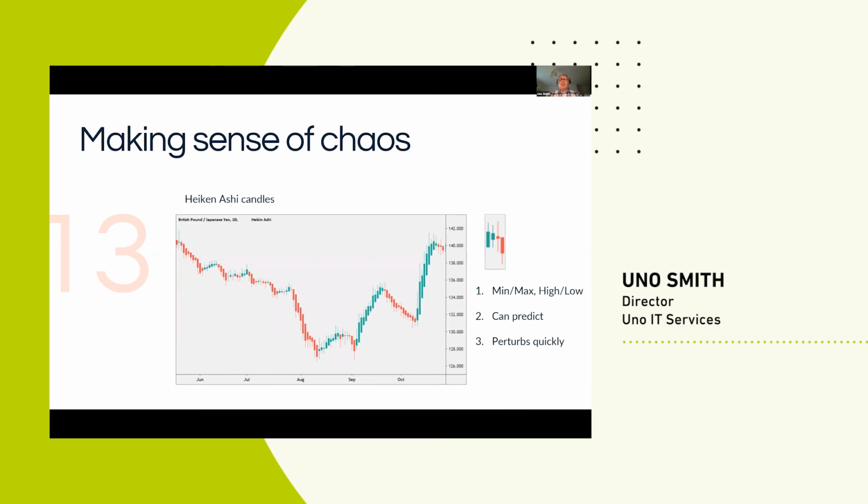What this does is reduce your data scope by timed blocks. You'll measure data for, say, 5 seconds or 10 seconds, and then draw a candle. It'll give you min, max, high, low, and then you'll wait another 10 seconds, then draw the next candle. The moment you draw the next candle, you can start making decisions, you can start predicting.